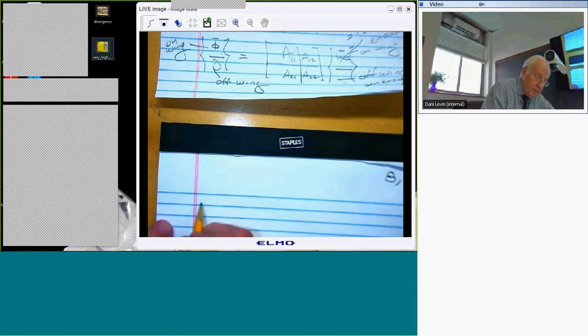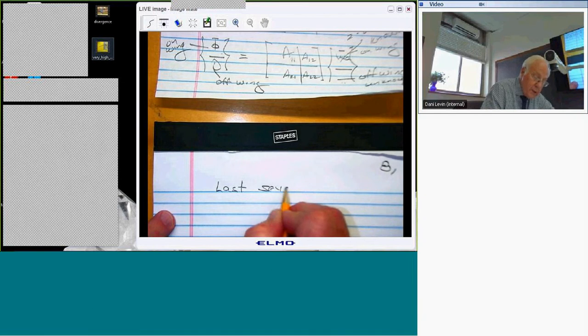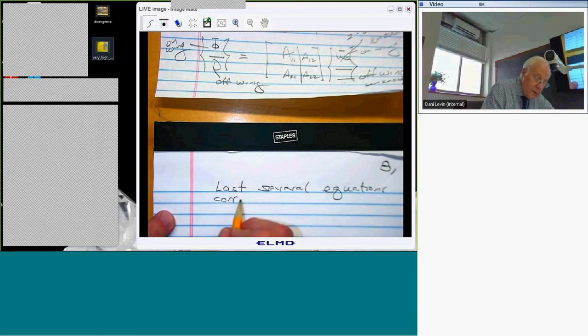Look at the last several equations corresponding to off-wing conditions.